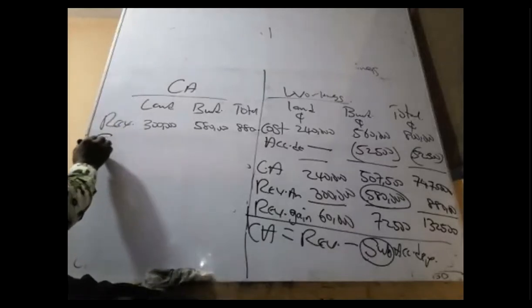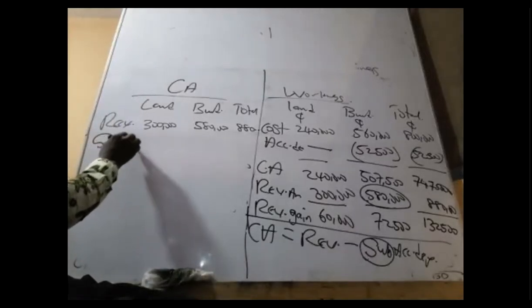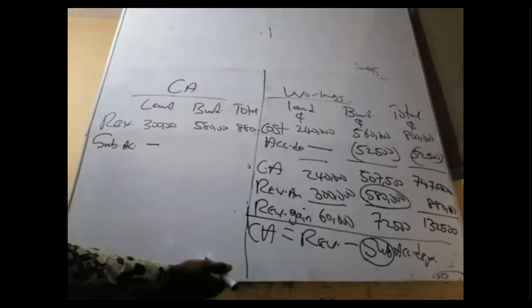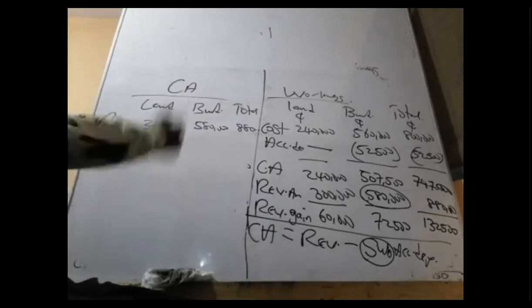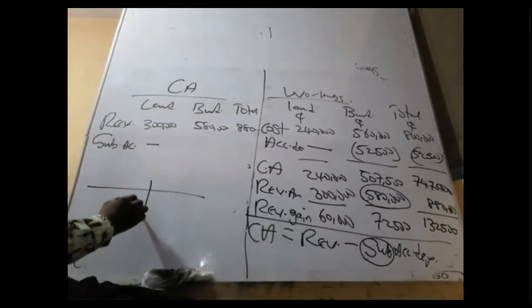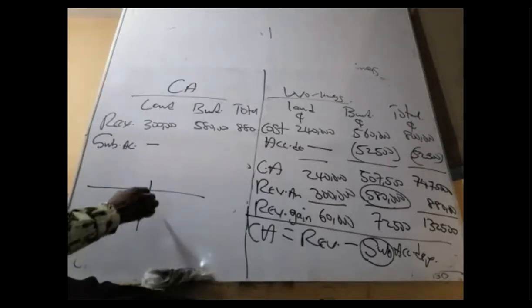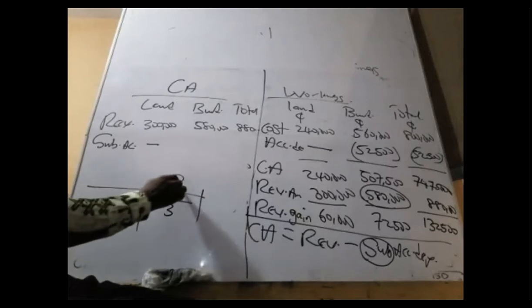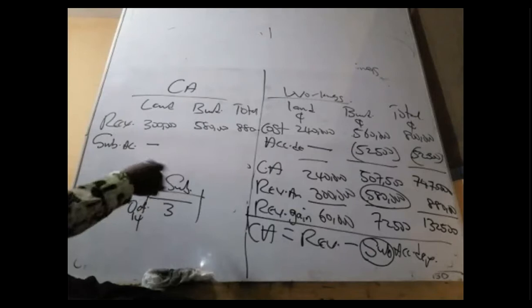What is the subsequent accumulated depreciation? Here it is a dash. Subsequent accumulated depreciation means depreciation after the valuation. Don't forget that we revalued up to 1st October 2014, so depreciation for the 3 months is what you call subsequent, subsequent to the revaluation.